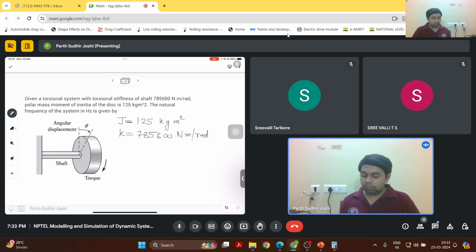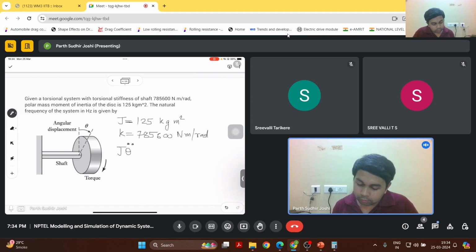So what we basically have to find out is the differential equation for this system. So the torque acting on the disc because of the twisting of the shaft will be basically J theta double dot.